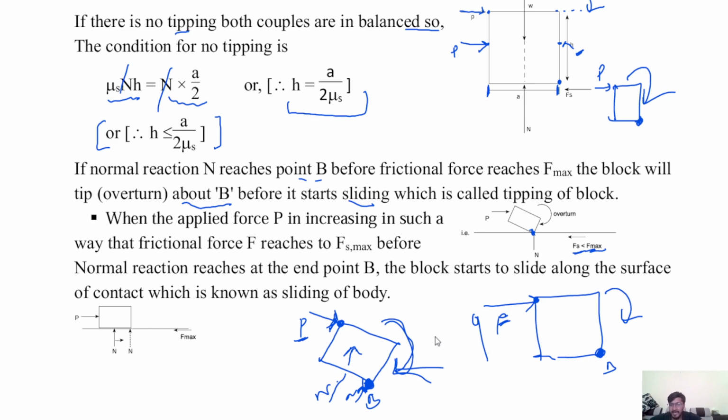Normal reaction N reaches the point B before the frictional force reaches F max. The block will overturn about B before it starts sliding, which is called tipping of the block.